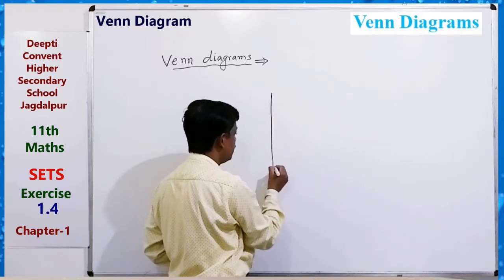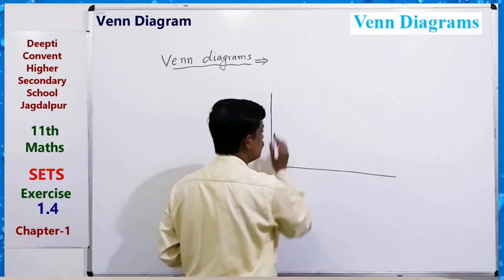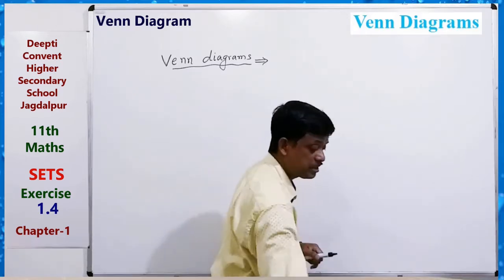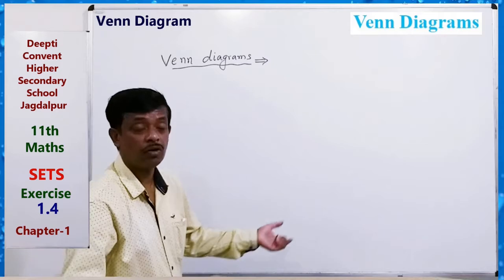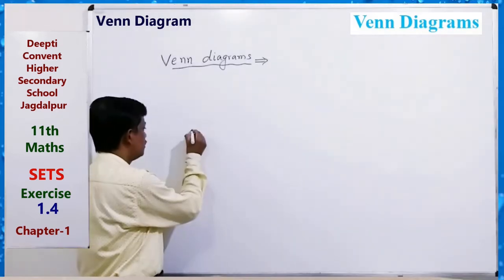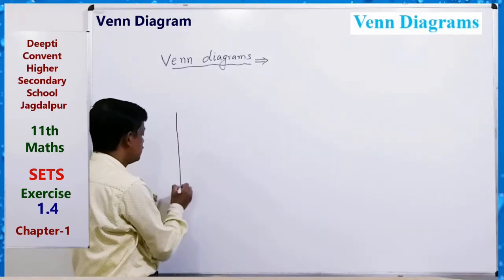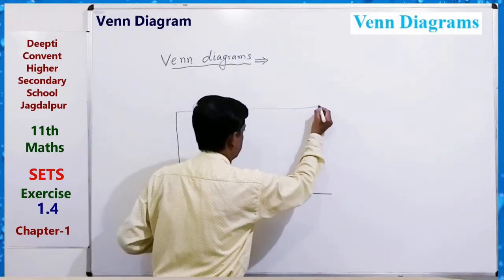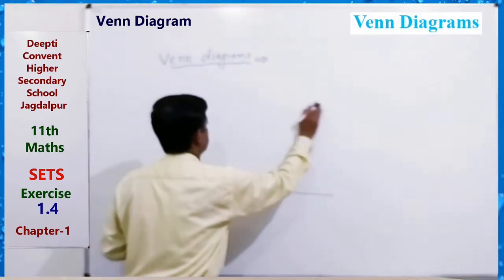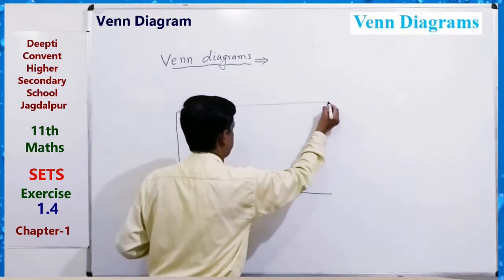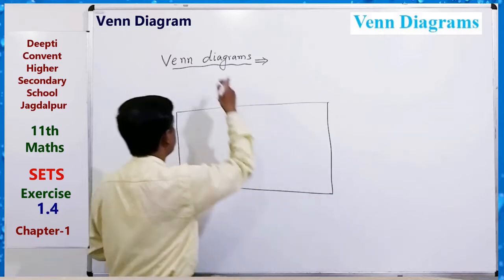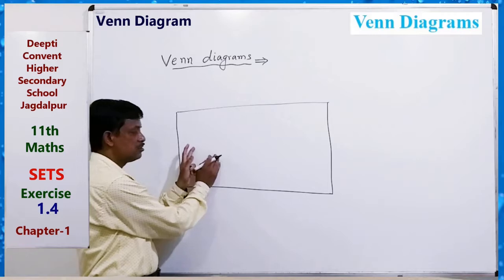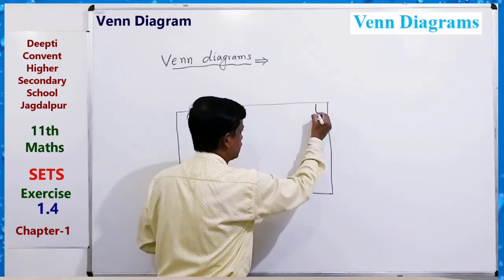The rectangle is used for the universal set. We know the universal set contains all the other sets and subsets. So suppose this is a rectangle. For a Venn diagram we use a rectangle and circles. The rectangle is used for the universal set.